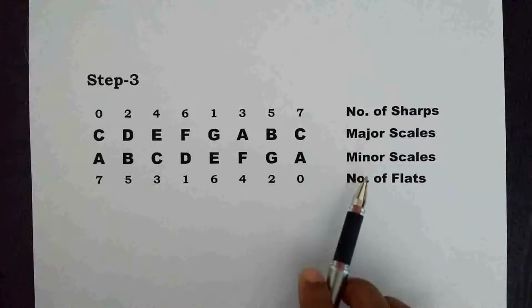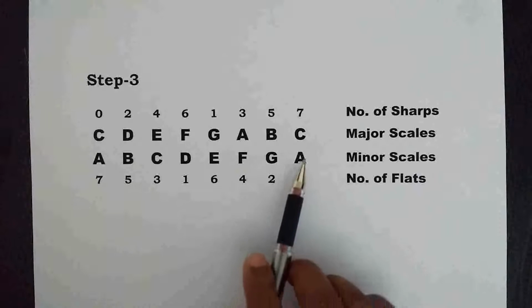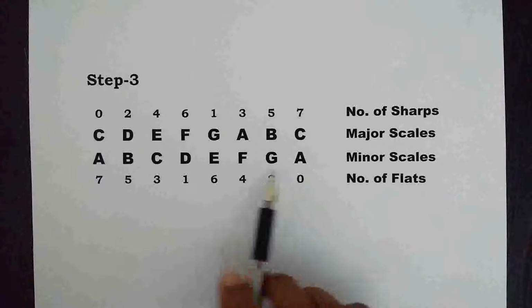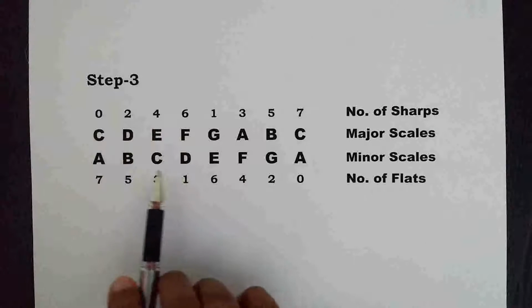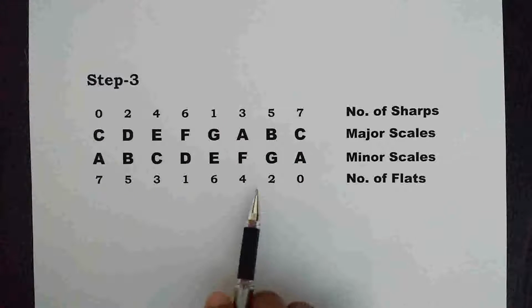Now the number of flats row can be easily obtained by simply reversing the number of sharps, that is 0, 2, 4, 6, 1, etc. So in this manner we can obtain the number of sharps and number of flats rows.